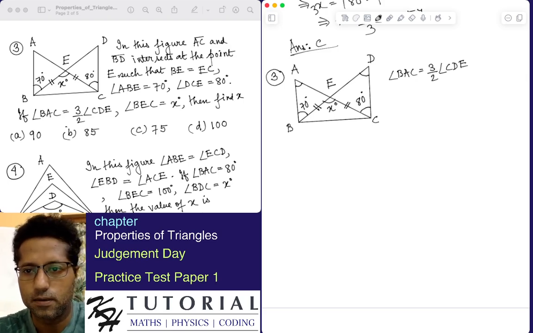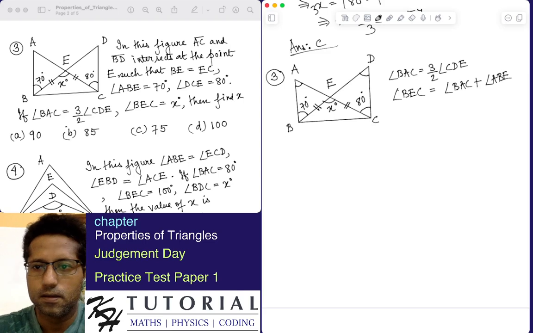We note that angle BEC is equal to angle BAC plus angle ABE.